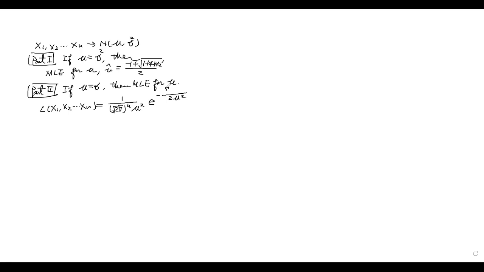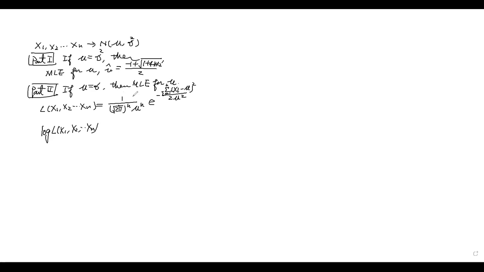So this is our likelihood function. In order to solve this problem, there's a lot of algebra involved, so we just need to be very careful. Let's take the log of the likelihood function.